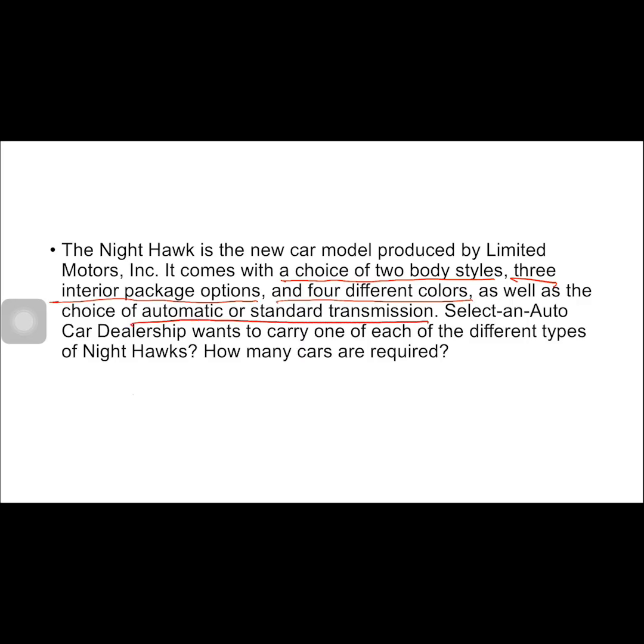So we have 2 body styles times 3 interior package options times 4 different colors times the 2 types of transmissions. So we have there 2 times 3 times 4 times 2, we have 48. So we need how many cars? 48. Okay?